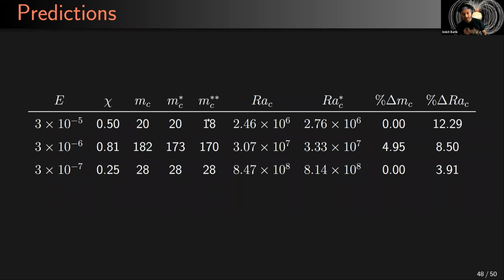The double star is the one we obtain from our simple thumb rule, and they all agree fairly well. The same goes for critical Rayleigh number. You can see that they're not too far off just through simple interpolation, with errors being maybe 12% or so.